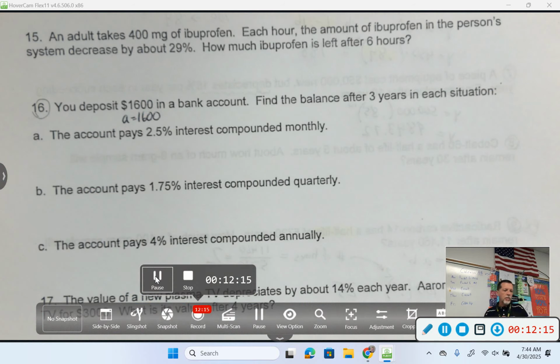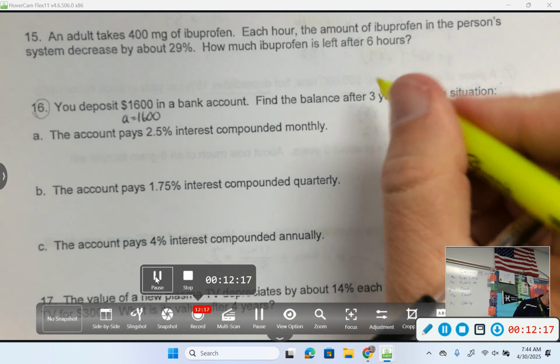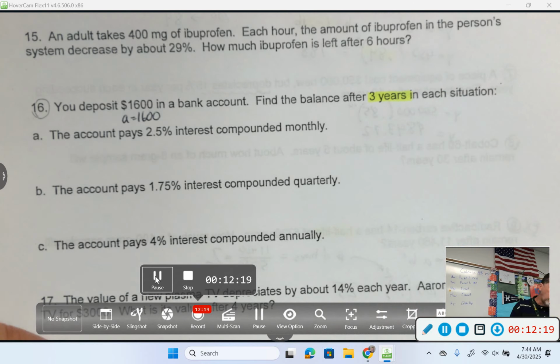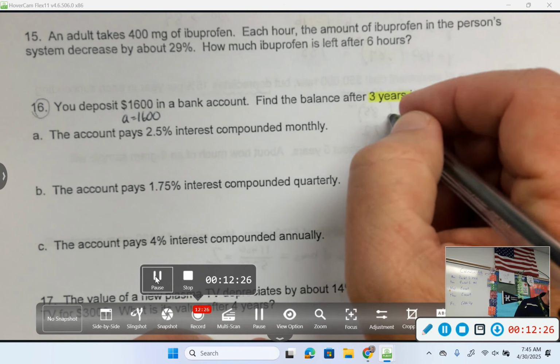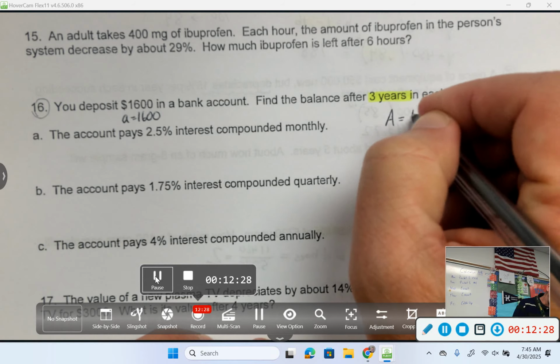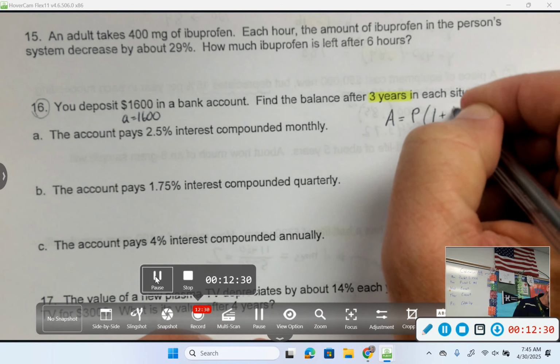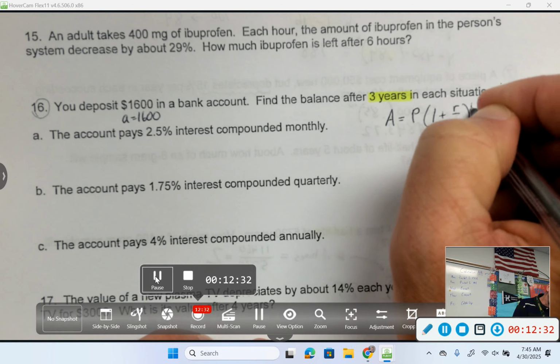Find the balance after 3 years in each situation. Okay, so this is the old compounded stuff. I don't know if we need a separate formula for this: 1 plus R over N to the NT.